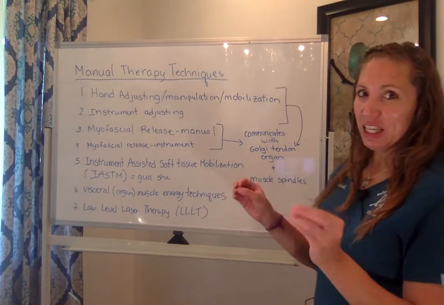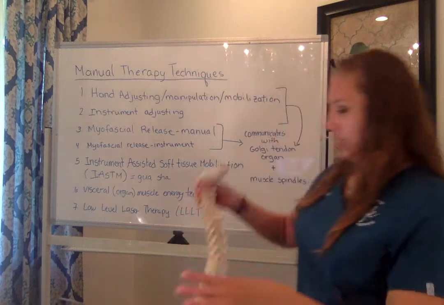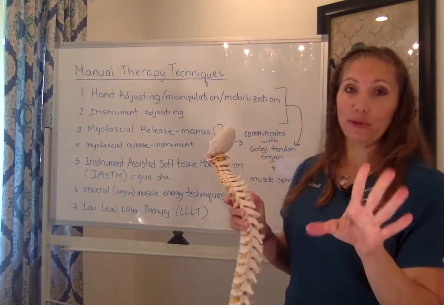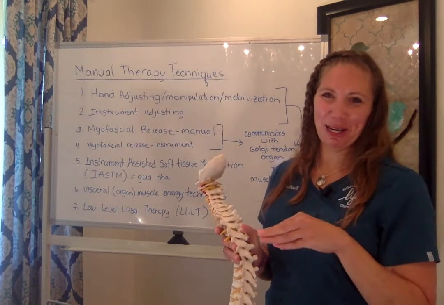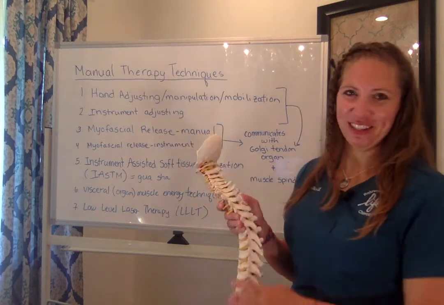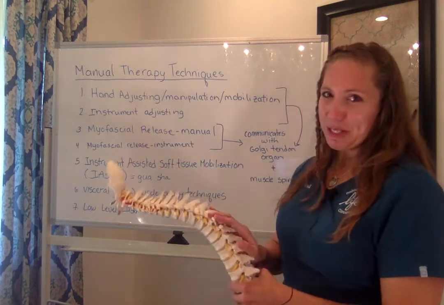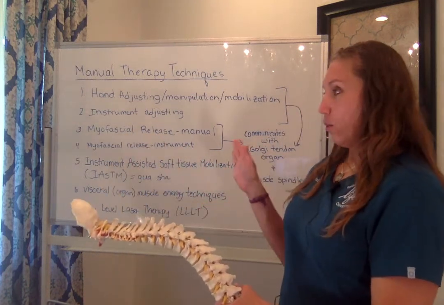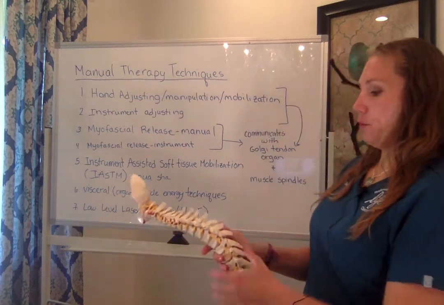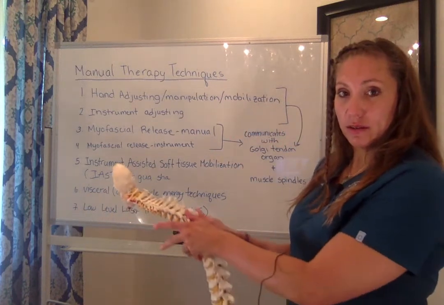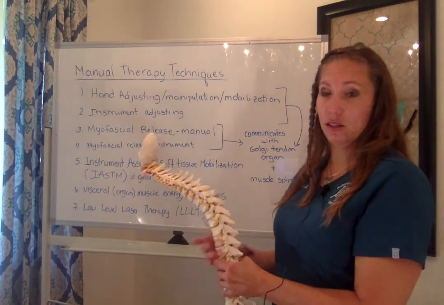So talking about this in a little more depth, we already did the overview. This is a plastic spine. I warn you, it's plastic. It is not a cadaver. I get lots of kids that ask me that when they're in the office. Is that a real spine? And they get scared. Nothing to be scared of. It's just plastic. When we are using hand techniques, we're going to be placing hands on different spots of the spine and giving a light force thrust into the body.